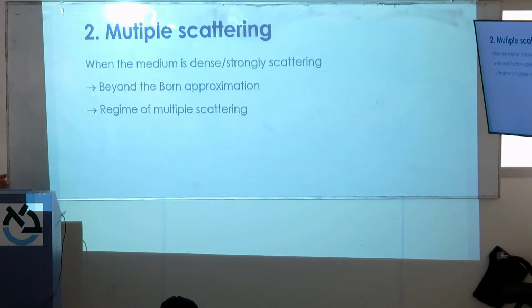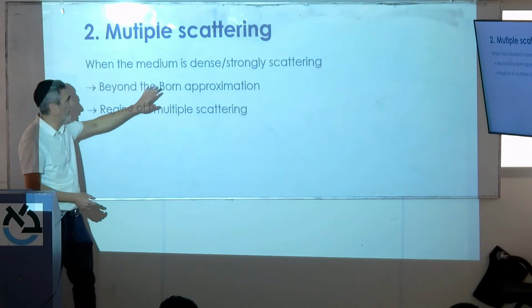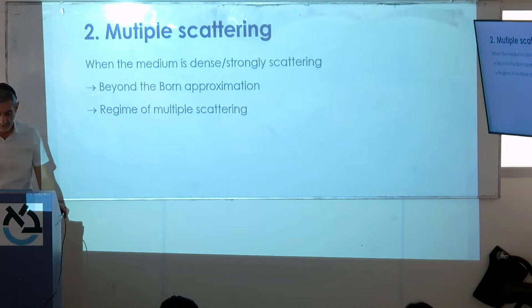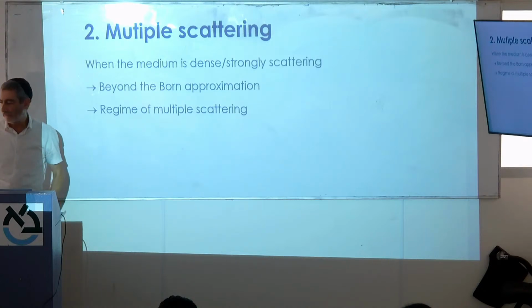It's a many-body problem, where every scatterer receives some light scattered by others. This is the case when the medium is more dense and we start to have strong scattering, so we cannot make the Born hypothesis of single scattering anymore.